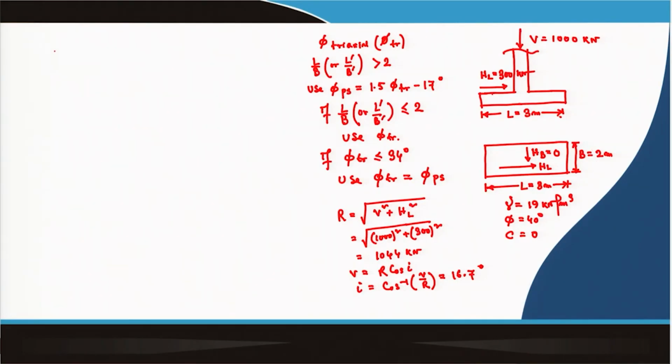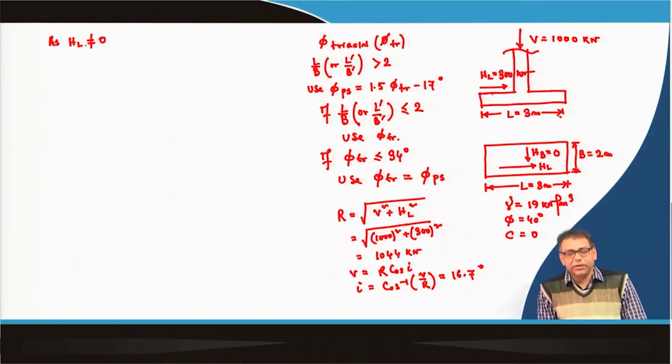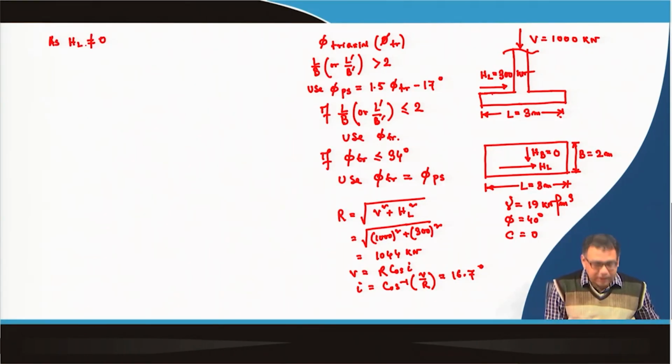Okay. So, now we have to calculate two sets of bearing capacity factors, because HL is not equal to 0. As HL is not equal to 0, we have to go for two sets of the correction factors. And as for depth correction factors, no modifications are suggested as per Hansen theory.